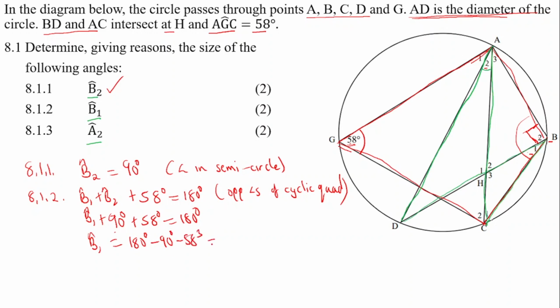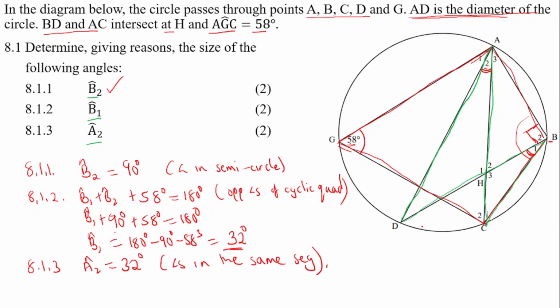So angle B1 is equal to 32 degrees. Okay, angle A2 and angle B1 are angles in the same segment. So angle A2 is equal to 32 degrees. These are angles in the same segment.